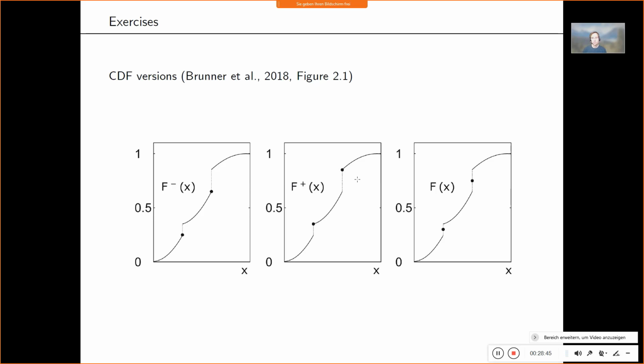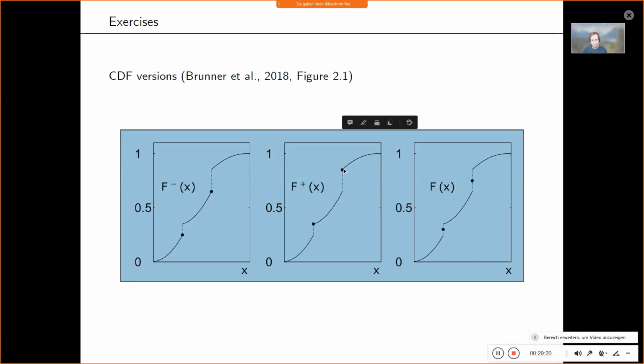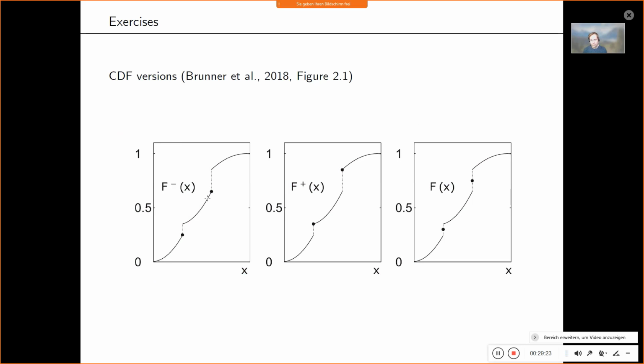If we would use the left continuous version, so if we talk about the probability for being smaller than x, then we would allocate to each x the value that corresponds to this dot, because that's the limit point, and the continuity comes from the left and not from the right. So from the left we have this jump, and the value of the CDF at the location x where there's this jump is this value up here because we are continuous from the right. Here it's down here because we're coming from the left.